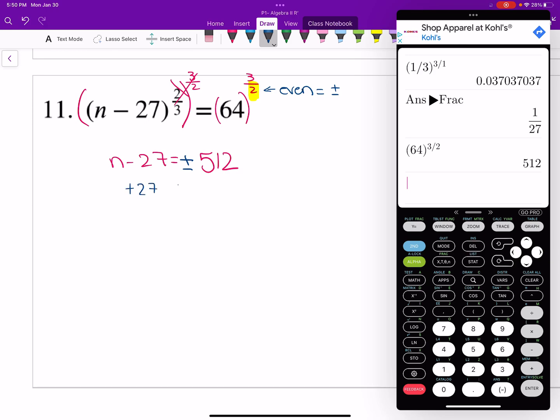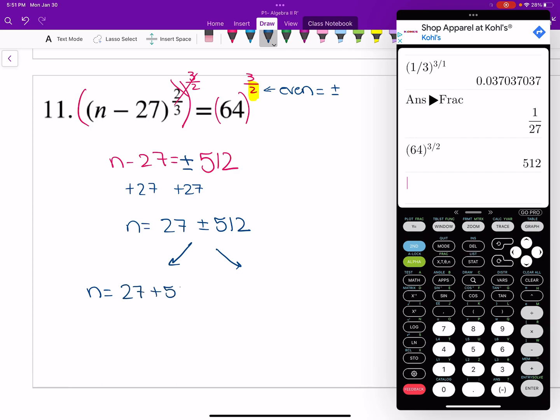So adding the 27 over, you really have 27 plus minus 512. You cannot add these together to get 539 and say the answer is plus minus 539. That's not how these work. You're going to have to split it up.